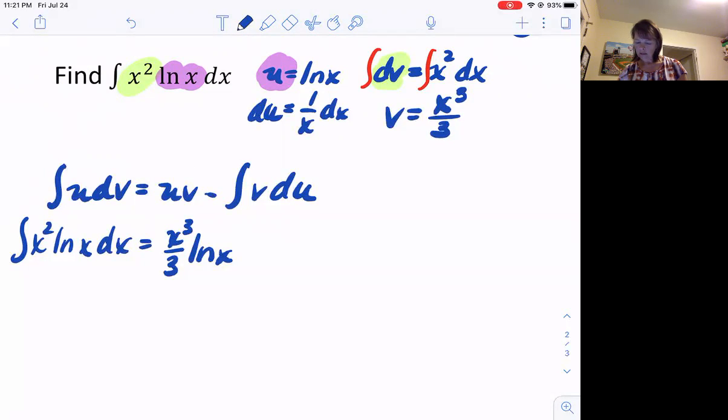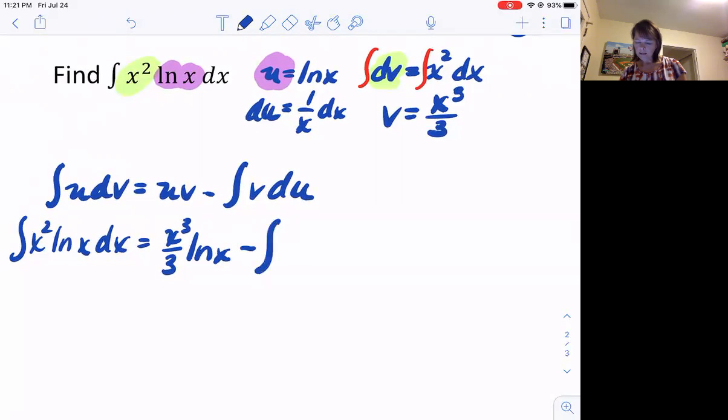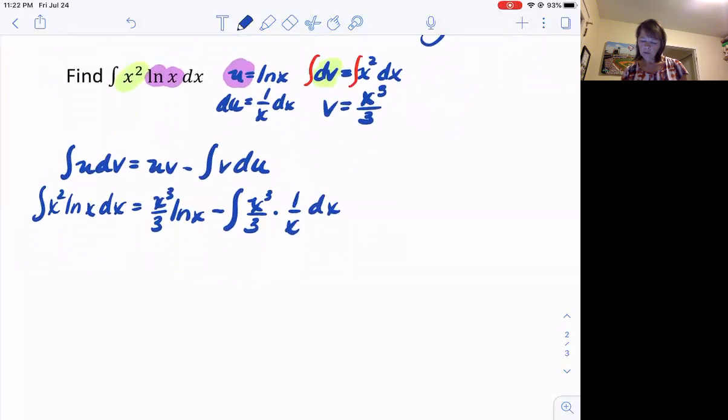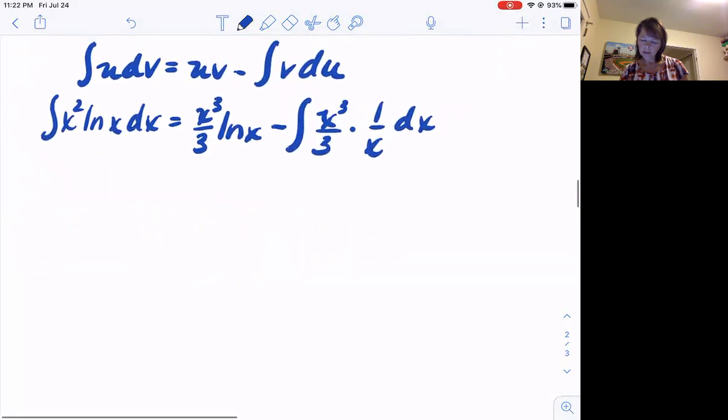We usually like the polynomial out in front of the logarithm. And then minus the integral of v du, so that's x cubed over 3 times 1 over x dx. So what we'll be able to do is simplify that integral.